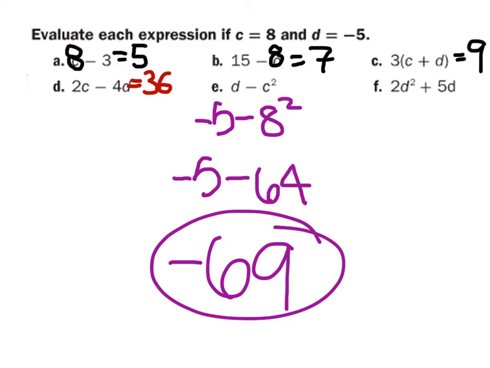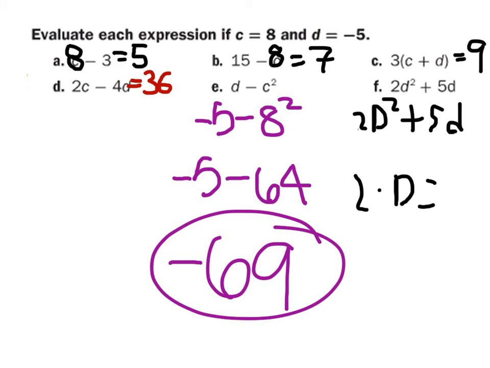All right, Mason, we'll do F. So it's 2D to the second power plus 5D. I'll make it small. So first we need to do 2 times D equals negative 10.